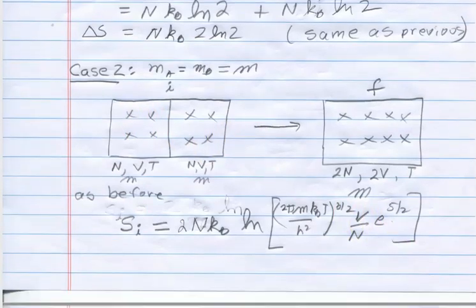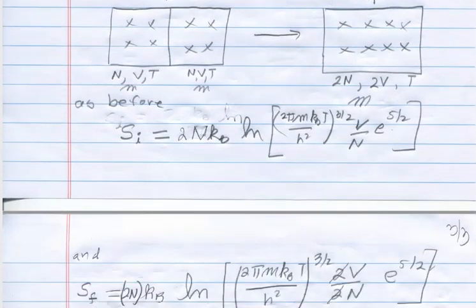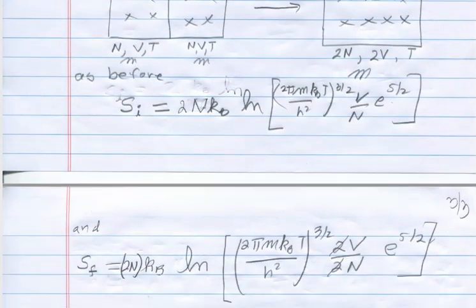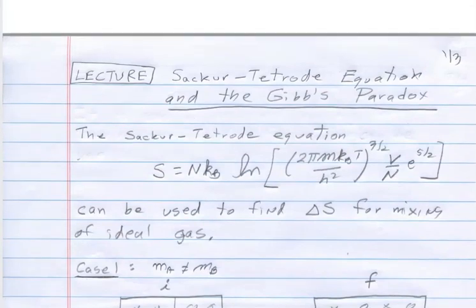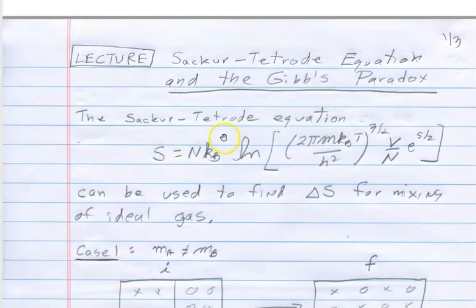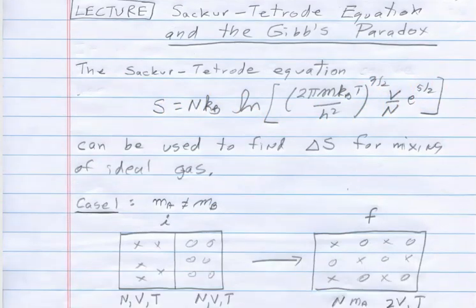And then the final is now a little bit different, because now I have, in the Sackur Tetrode equation, 2N particles, 2N here, 2N here, but they have twice the volume.